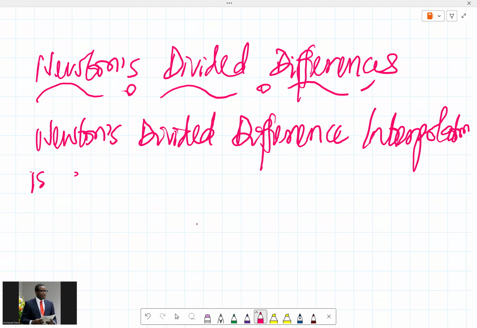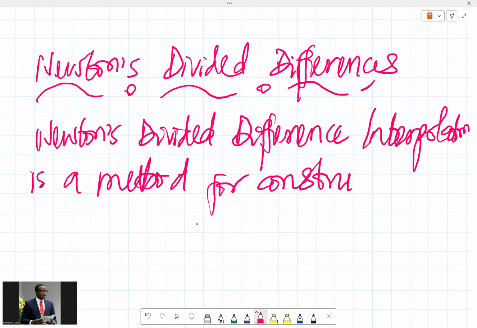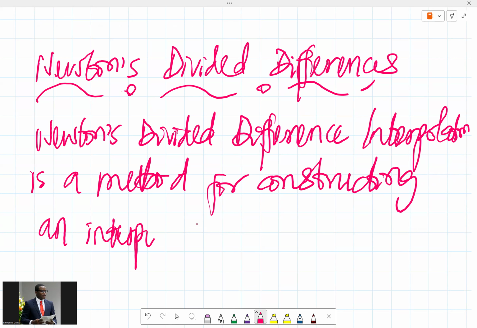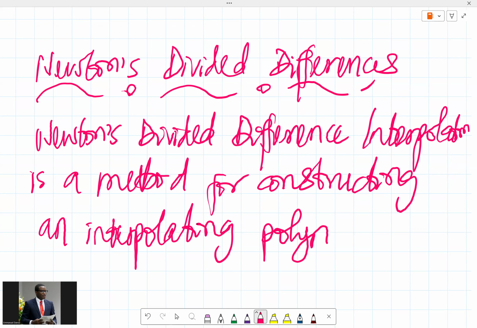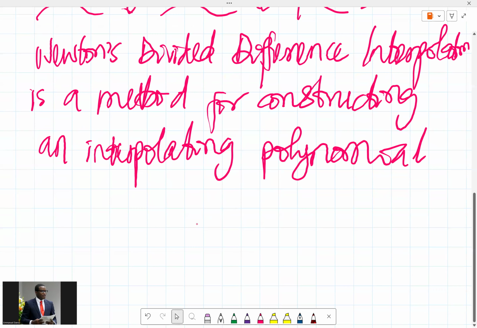is a method for constructing an interpolating polynomial using divided differences.